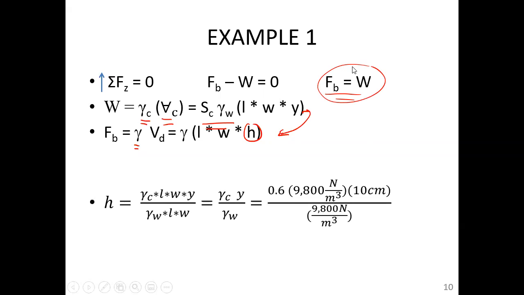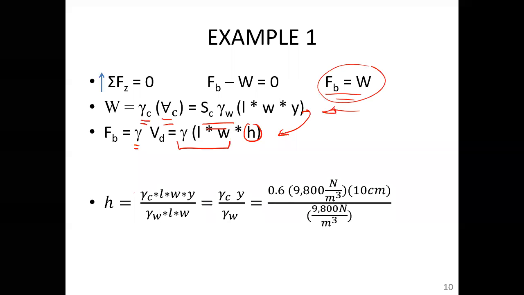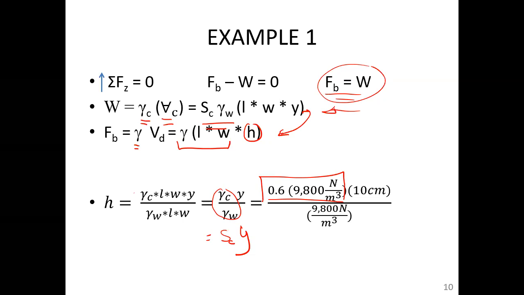So when we do that and we rearrange, again, this numerator term in the equation below is the weight term. And the denominator term is everything from the buoyant force except h. And if you look at this, remember, gamma c over gamma w is just the specific gravity of the cube, in this case times y. So here you have, that's the specific weight of the cube.